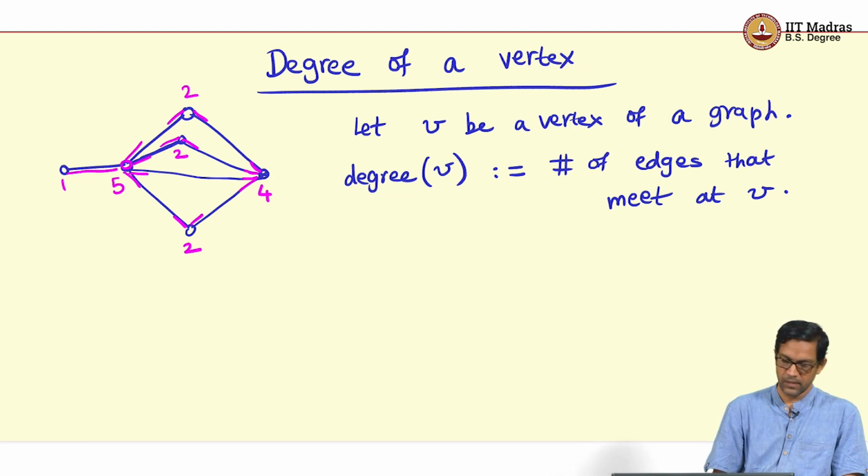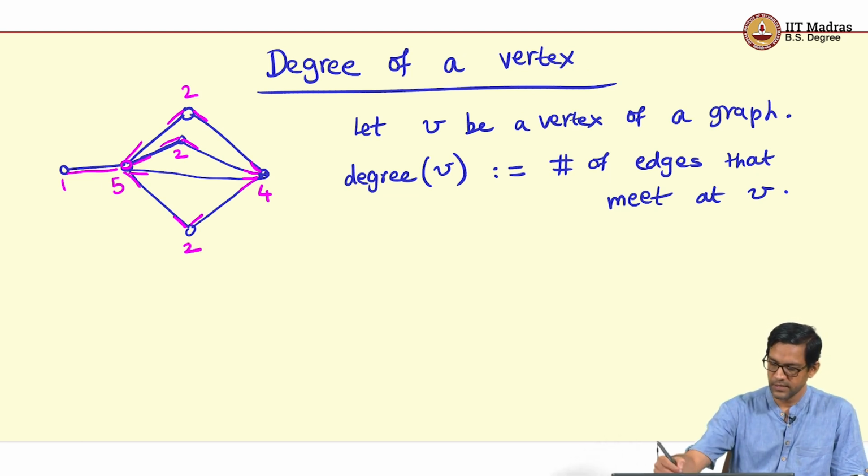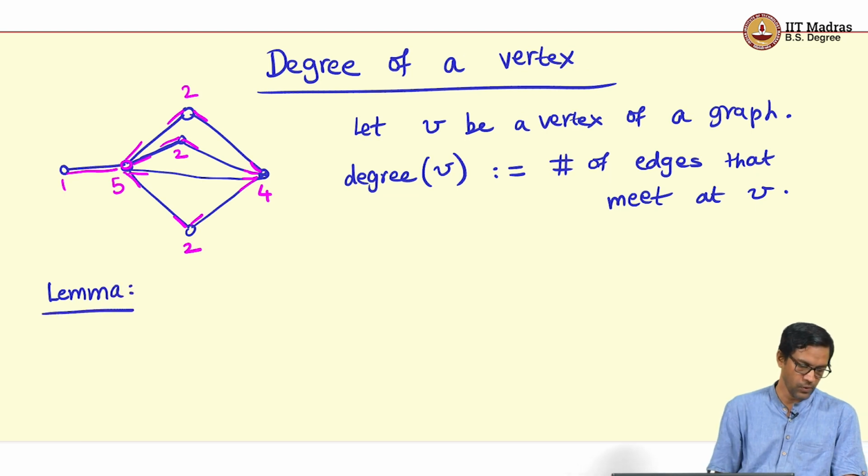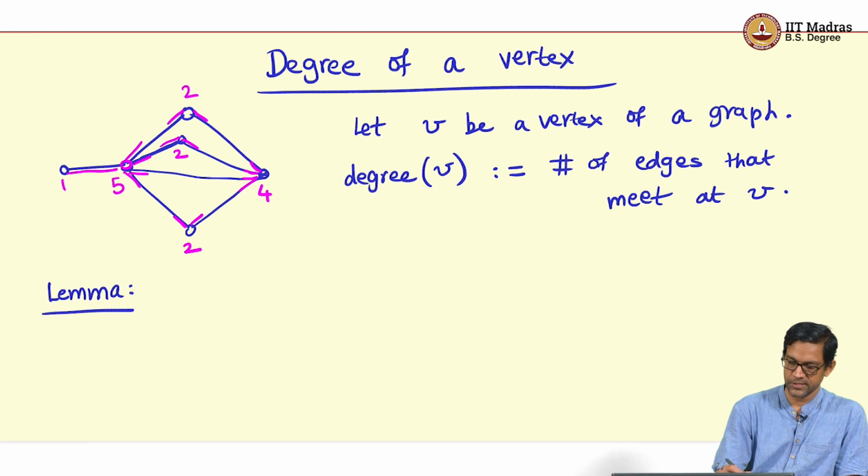Now, here is the interesting little lemma statement about the degrees in a graph. If you add up all the degrees, in this case 1 plus 5 is 6, plus 2 is 8, plus 2 is 10, plus 2 is 12, plus 4 is 16, that number will always be even.